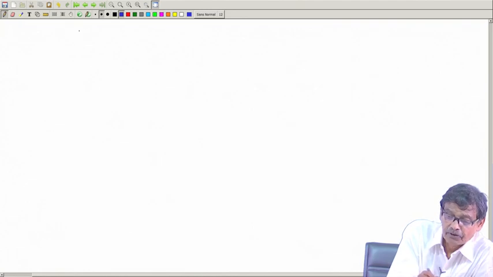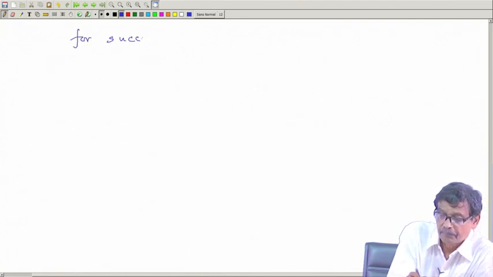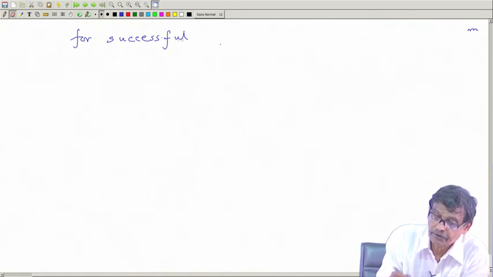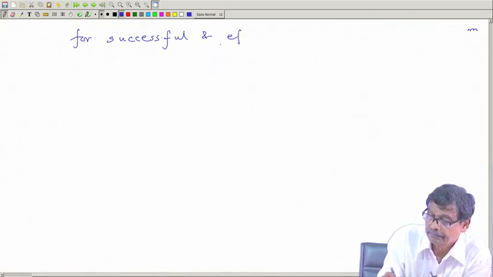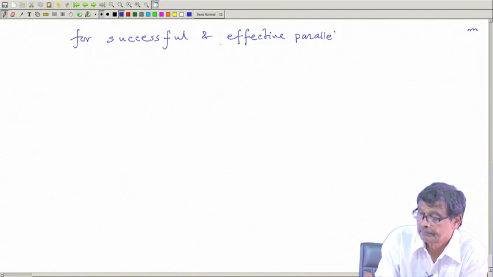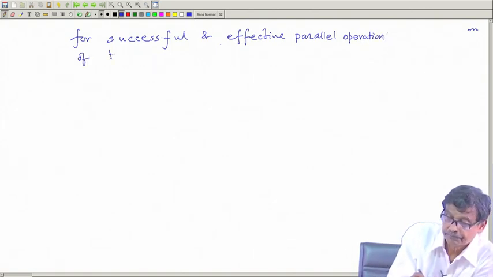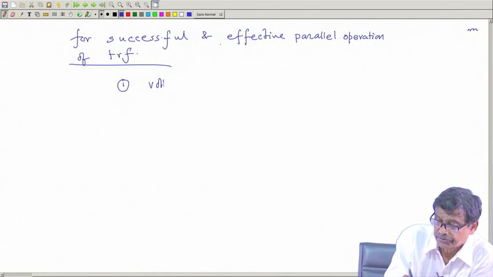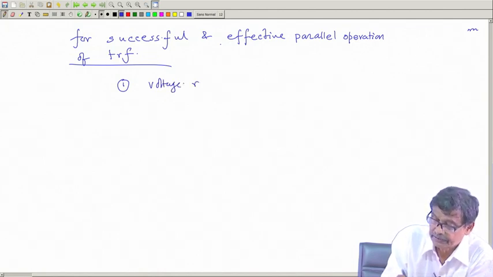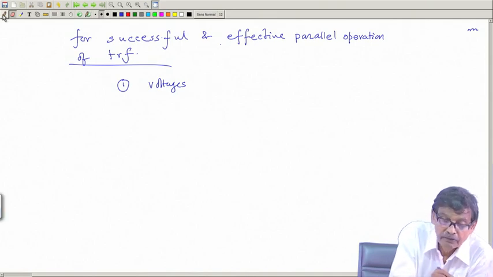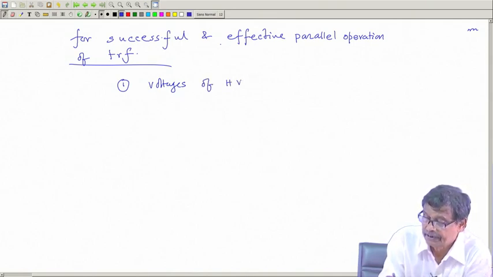So, I write down for successful and effective parallel operation of transformers, we list voltages, not voltage ratios, voltages of HV LV side should be same.